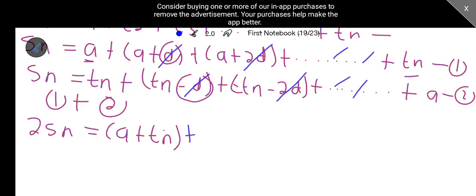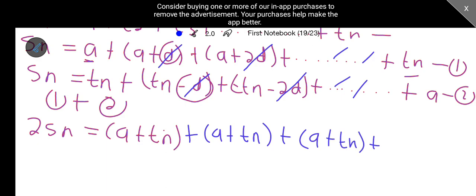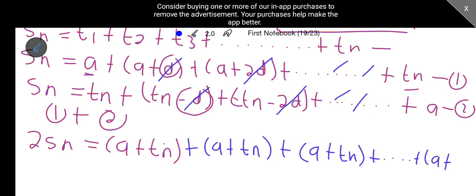We're going to say that we have added the first A plus Tn, and then plus the other A plus Tn, A plus Tn, and then we're going to leave others here, and then we write the last A plus Tn. I hope you understand that.